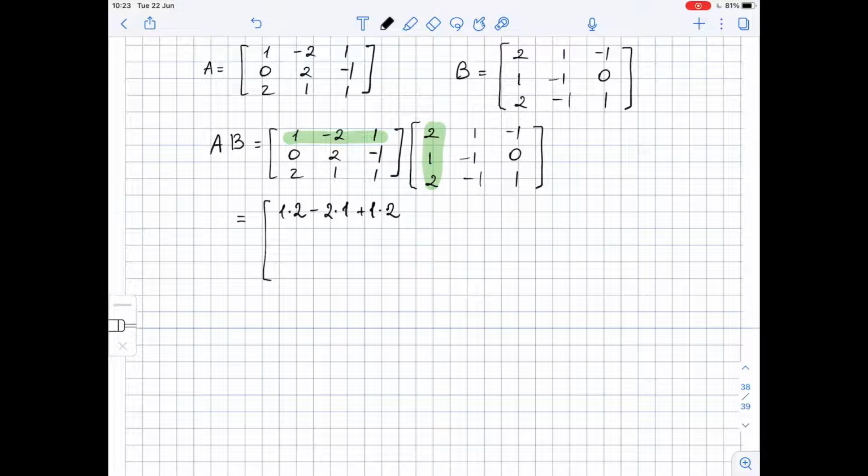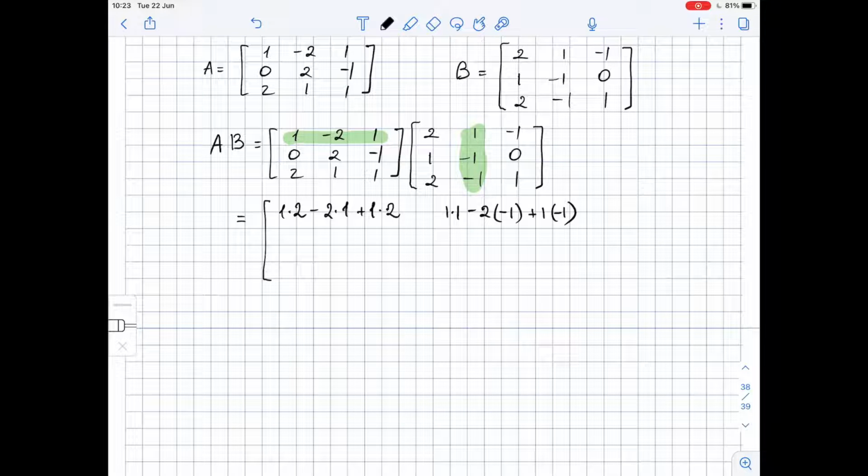Well, now we need to find the entry which is in the first row but in the second column of the product matrix. So we need to find the dot product of the first row of A and second column of B. So we will look at the dot product of these two vectors. Here we have 1 times 1 minus 2 times negative 1 plus 1 times negative 1.